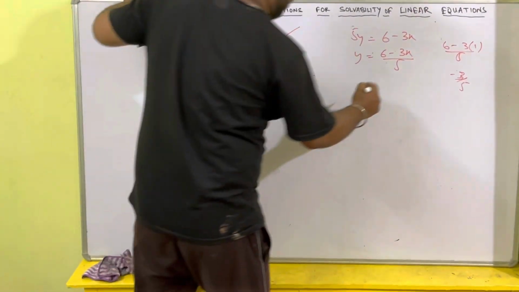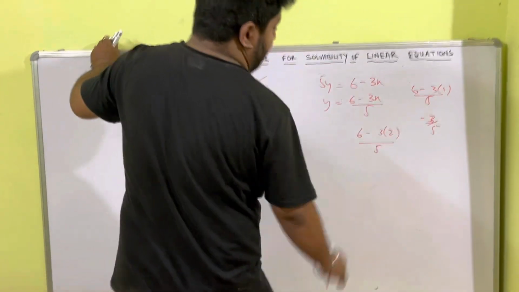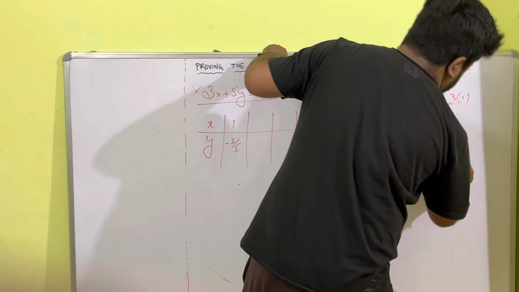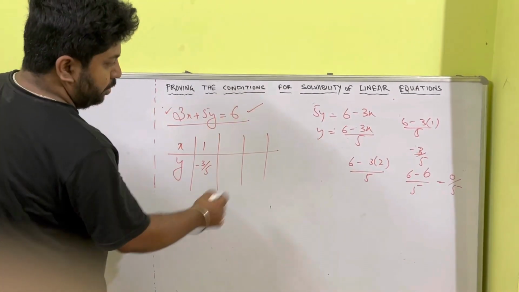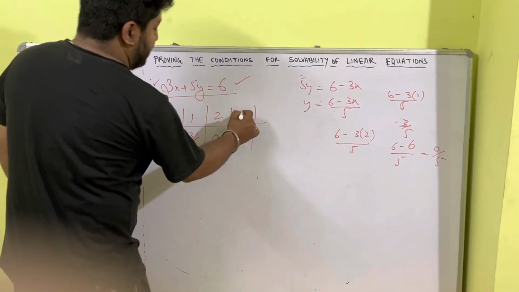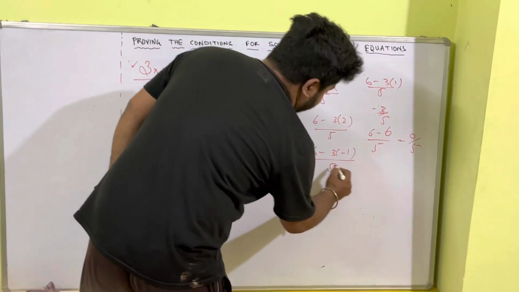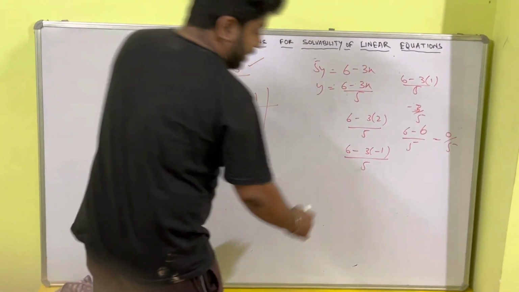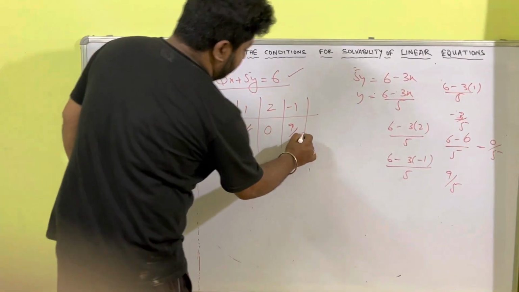Then I will put 2: 6 minus 3 into 2 by 5, so 6 minus 6 by 5 is equal to 0 by 5. So if you put 2, your answer will come 0. If you put minus 1, then 6 minus 3 into minus 1 by 5, so 6 plus 3, 9 by 5 will come. So y is 9 by 5.